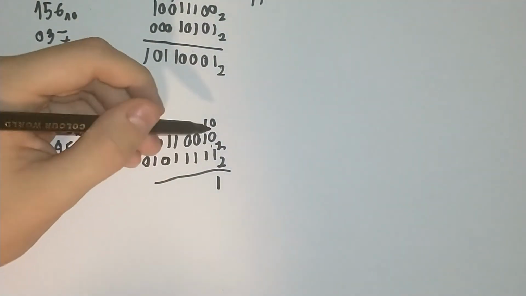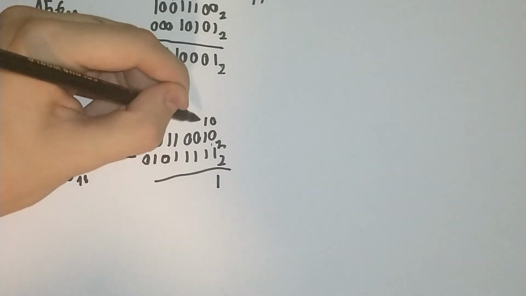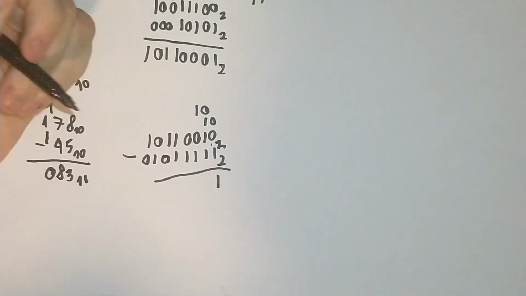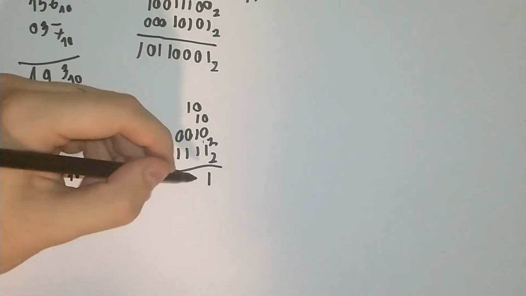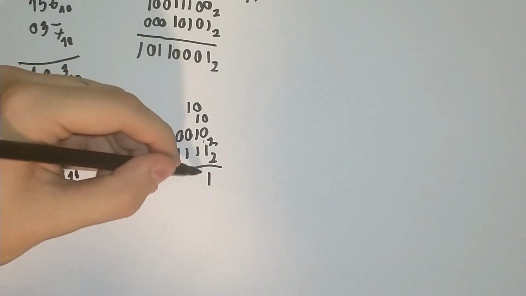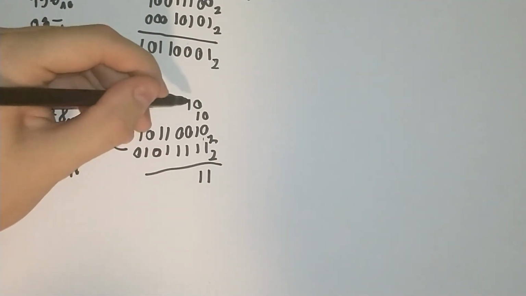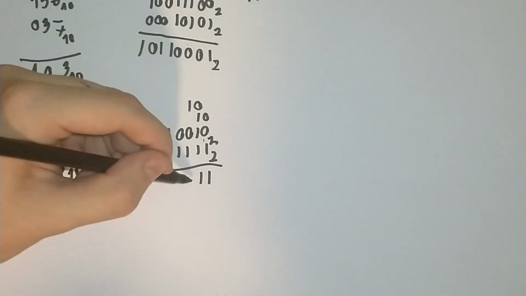But then we get to this situation, which basically tells us to shift the 2 over here, since we get the 2 over here when we add these two. And then we do 2 minus 1, which is 1 again. And then we come over here, where we have 1 minus 1, which is 0.